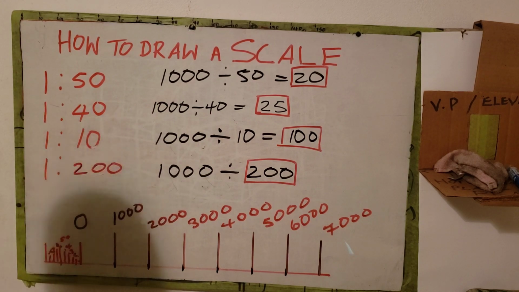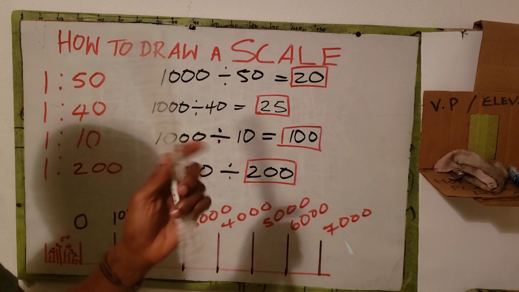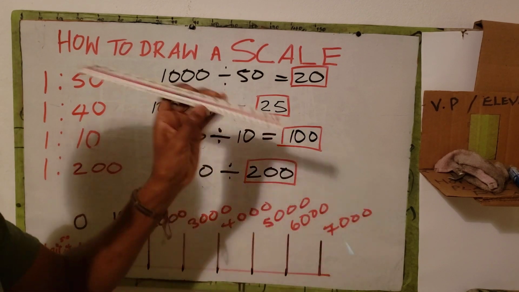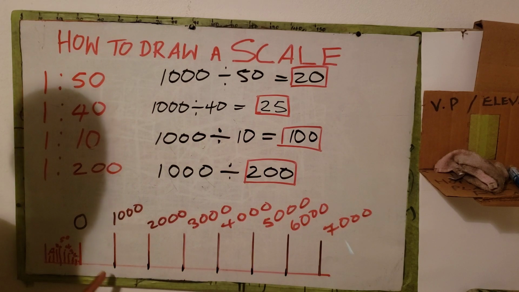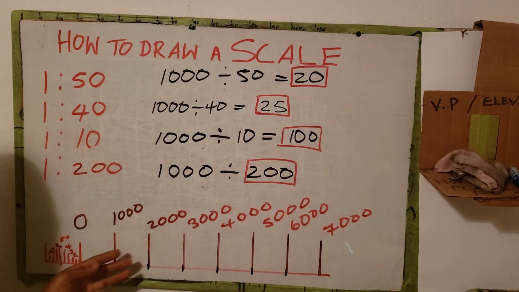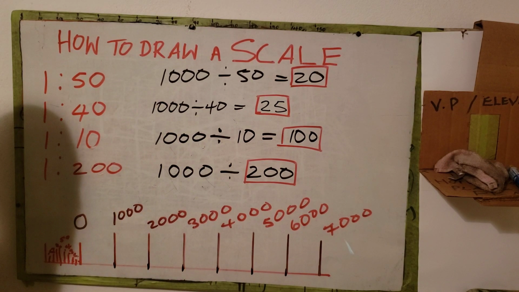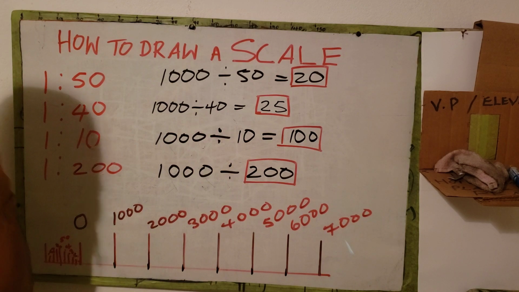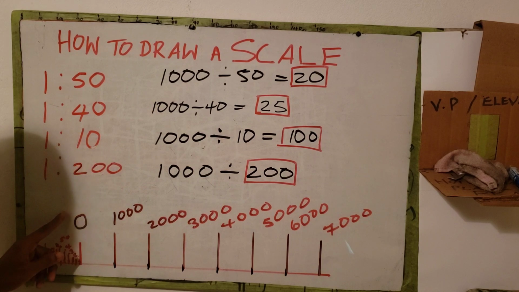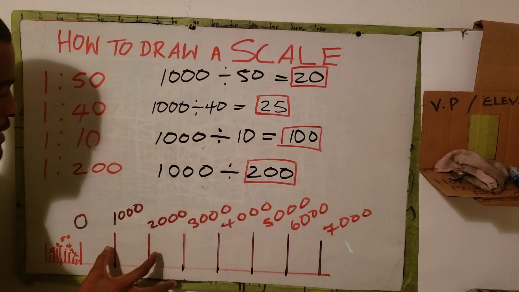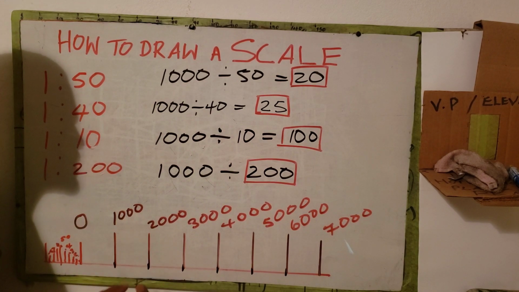It is important to know that on a scale rule, the standard increment is 1000. So here I have a typical scale being drawn. The important thing to note on a scale is that 0 starts here, not at the beginning here. And the distance between these represents 1000 millimeters.